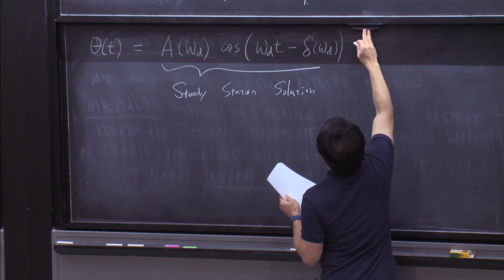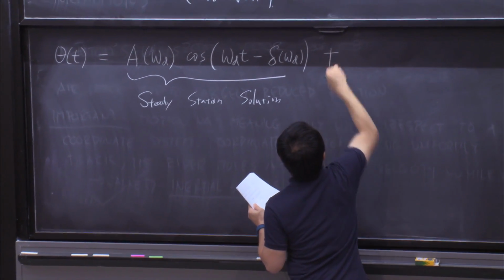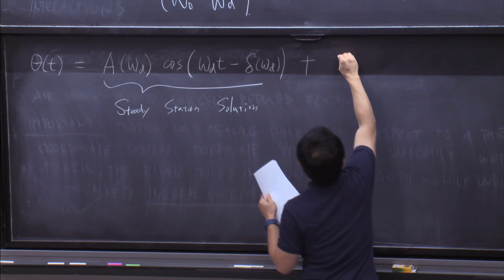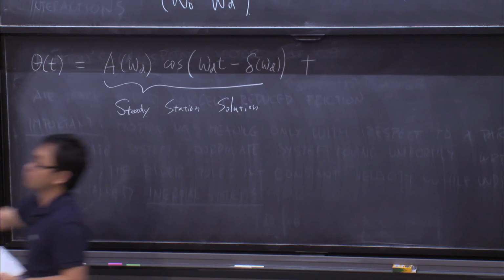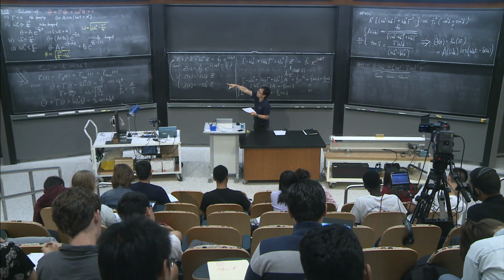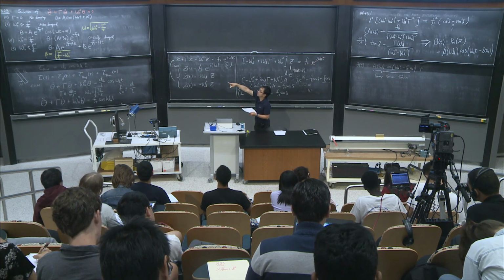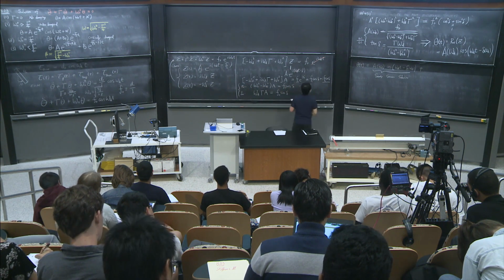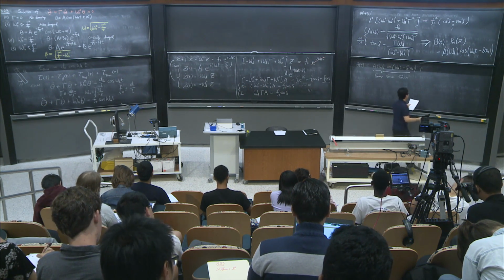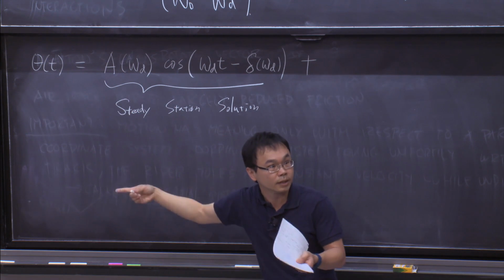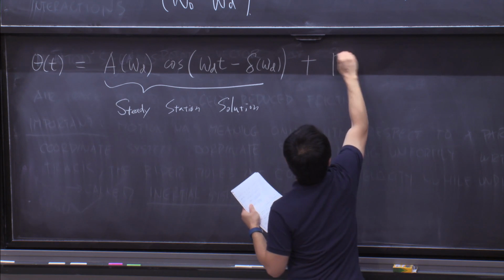And of course, as you mentioned, I need to also add the homogeneous solution. Basically, according to what I wrote there, it has a functional form of B exponential minus gamma over 2 t, cosine (omega t plus alpha). I changed A to B because I already have the A there, just to avoid confusion.